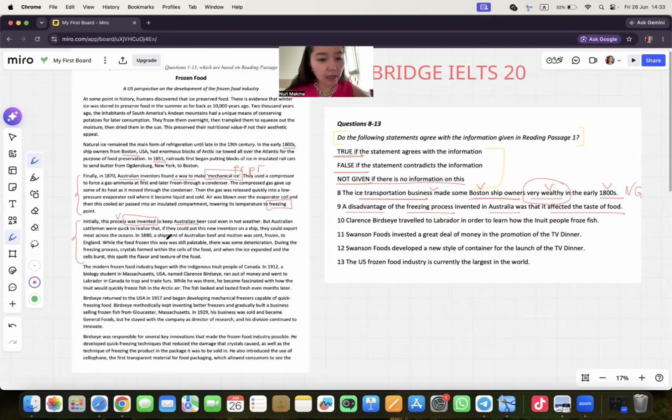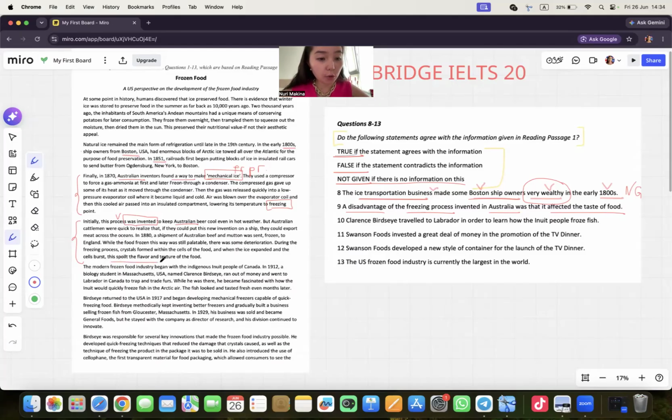In 1880, a shipment of Australian beef and mutton was sent frozen to England. While the food frozen this way was still palatable, there was some deterioration. During the freezing process, crystals formed within the cells of the food, and when the ice expanded and the cells burst, this spoiled the flavor and texture of the food.